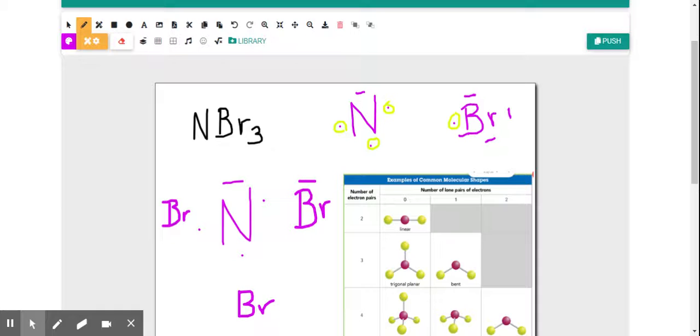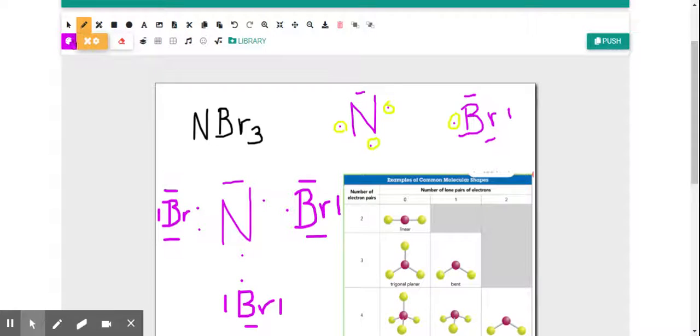So this is representing 2 electrons, 2 electrons, 2 electrons, and then we're going to have a solo electron represented by a dot. And here we go. My nitrogen dot's kind of out of place, but we're gonna make it work.